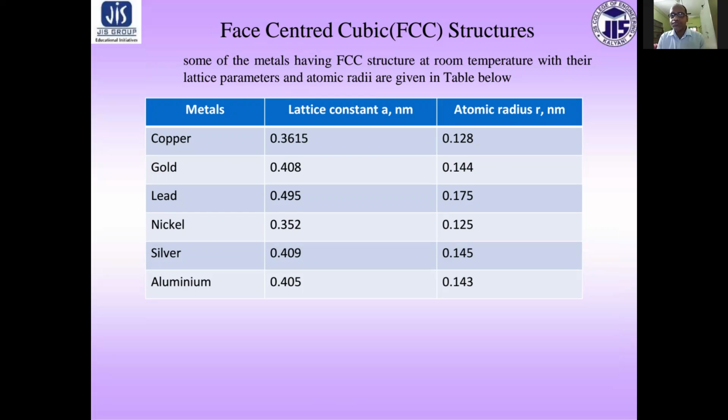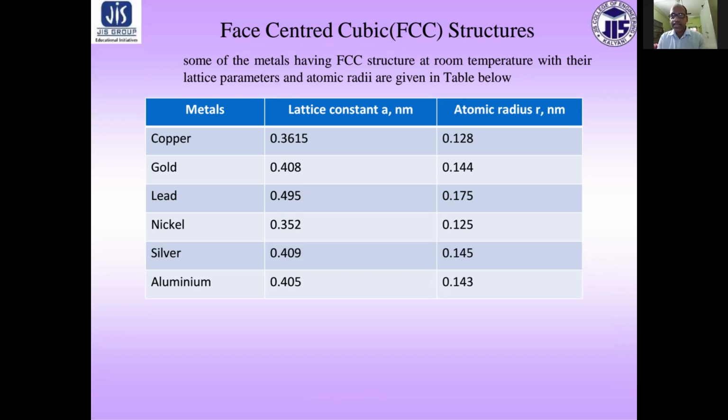For gold, the lattice constant a is 0.408 and the atomic radius is 0.144 respectively. For lead, 0.495 and 0.175, that is lattice constant and atomic radius respectively, measured in nanometer.